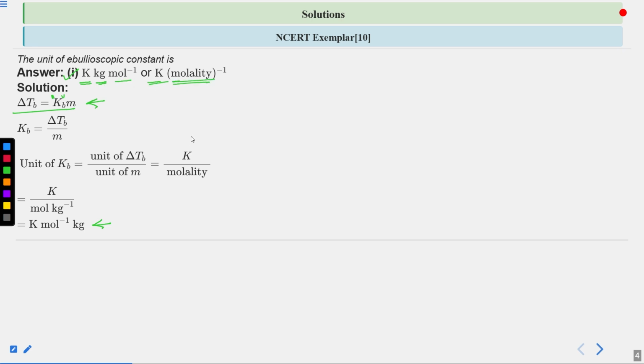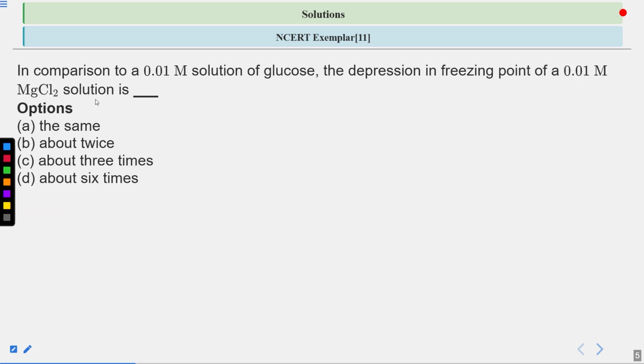Okay, so now let's move on to our next question. The next question asks, in comparison to a 0.01 molar solution of glucose, the depression in the freezing point of a 0.01 molar MgCl2 solution is.